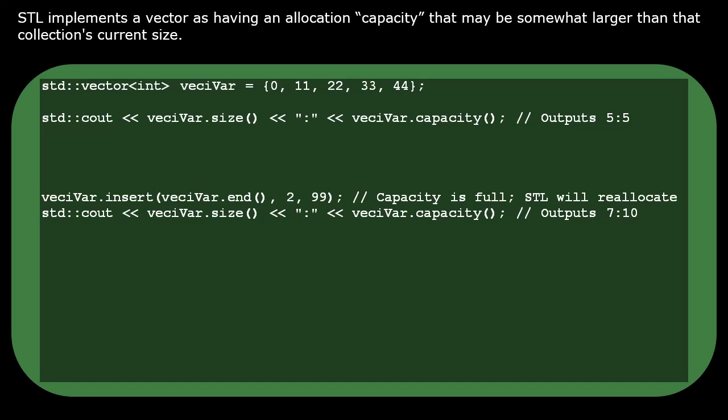So STL allocates a new, larger buffer, this time having capacity for 10 integers. STL automatically copies the existing 5 items over into its new buffer, and then the 2 items can be inserted.